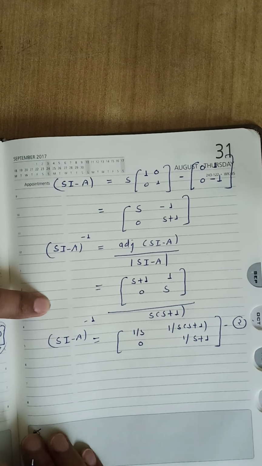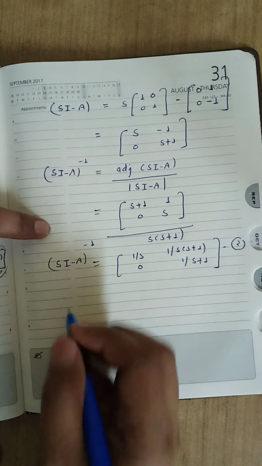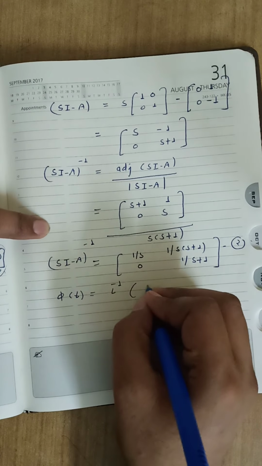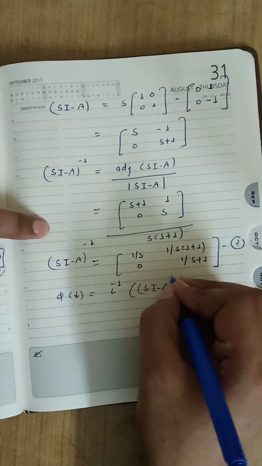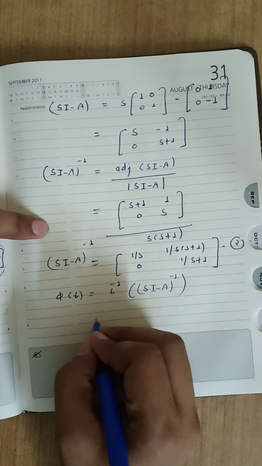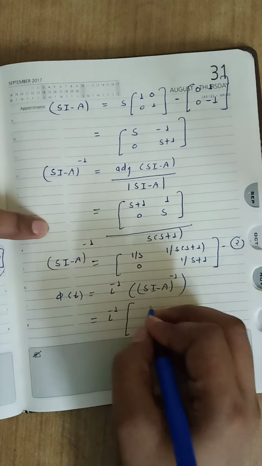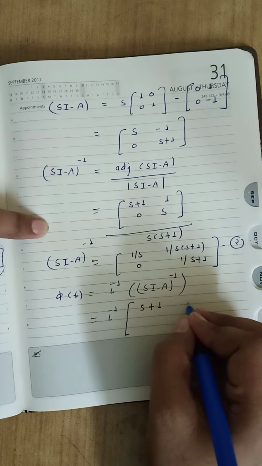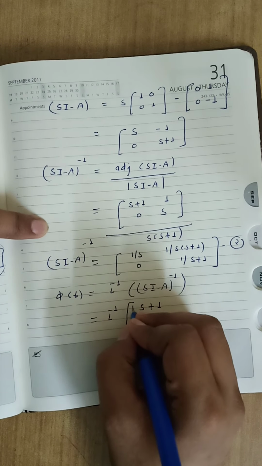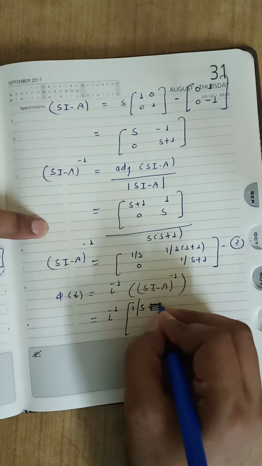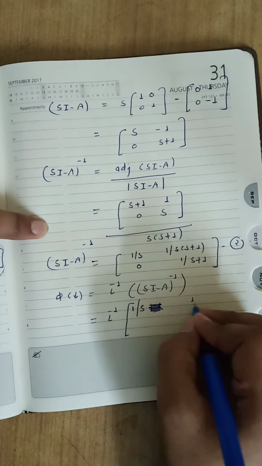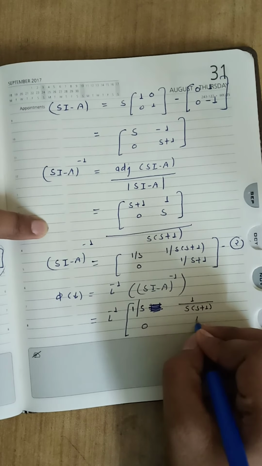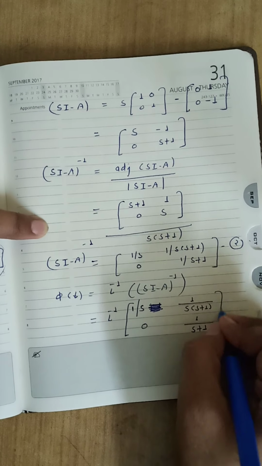Now let us calculate the state transition matrix, that means phi of t, with the help of the relation inverse Laplace of (sI minus A) inverse, or you can say inverse Laplace of the matrix [1 by s, 1 over s into (s plus 1); 0, 1 over (s plus 1)].